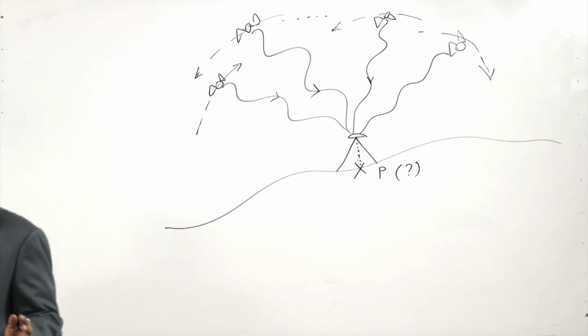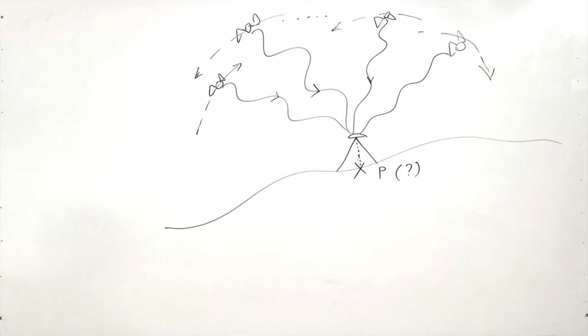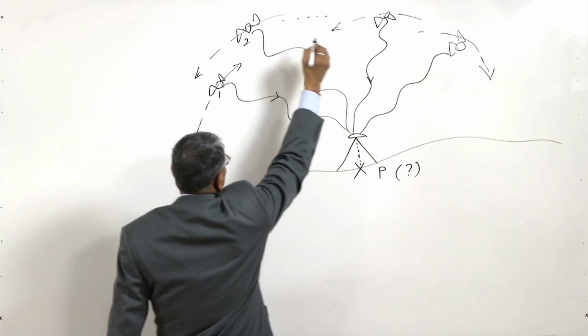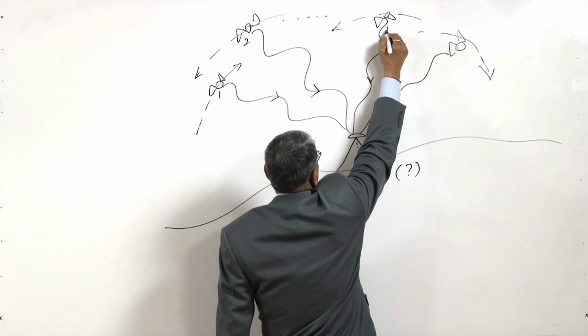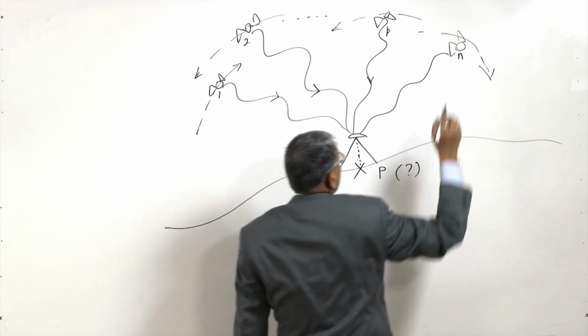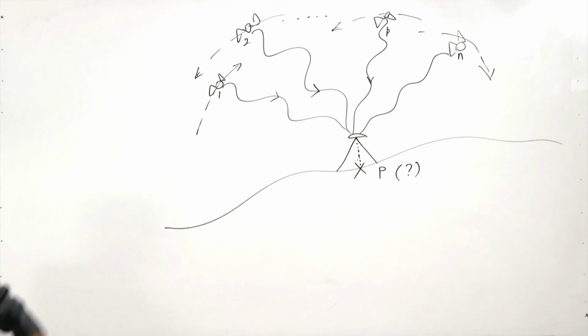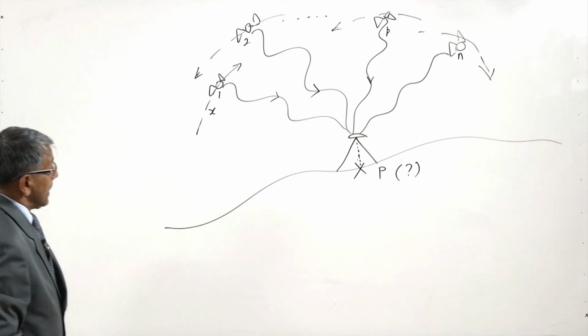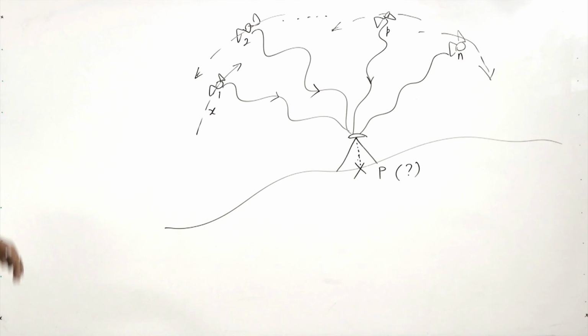So GPS signals from at least 4 satellites, suppose 1, 2, up to N, where N is the number of satellites. So the signals are coming from there.